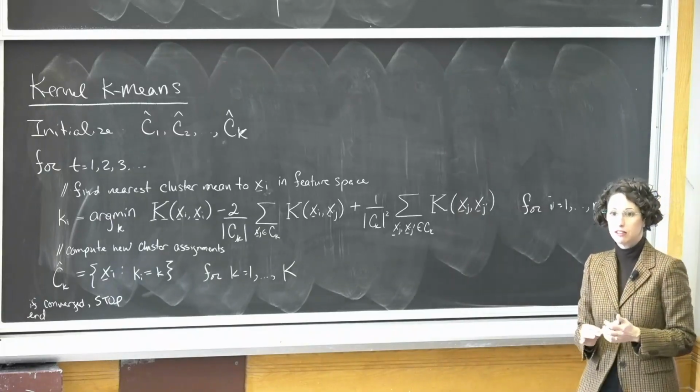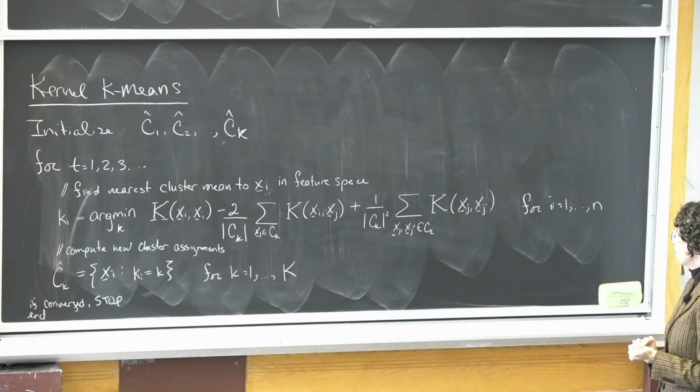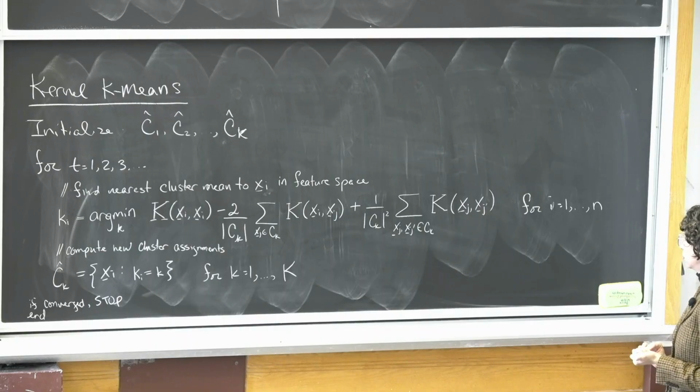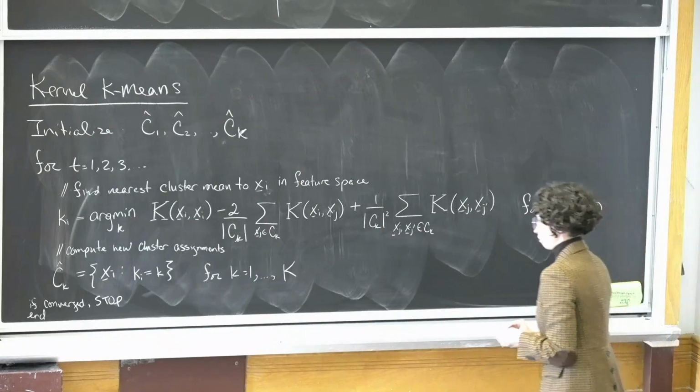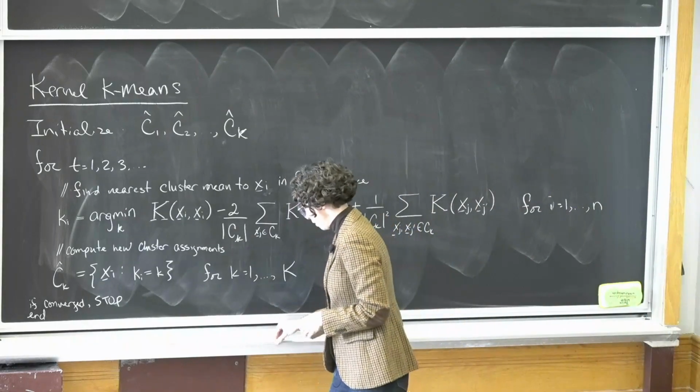Yeah? For finding ki, I just want to make sure your first two terms use your first sample that you're looking at, and then the third term uses all of the samples in terms of the summation. That's a great point. Yes.